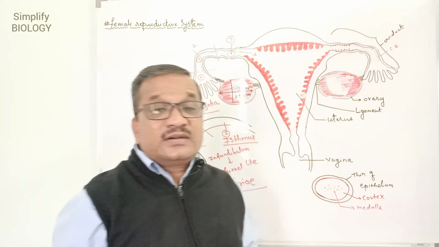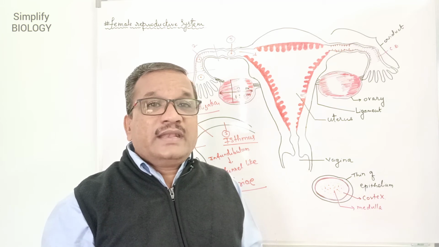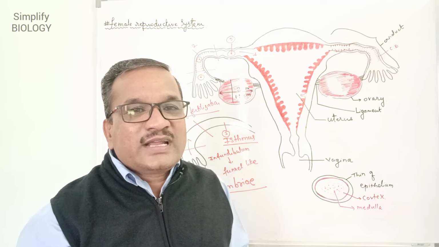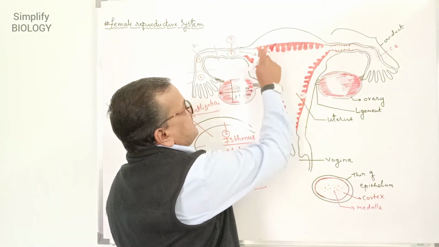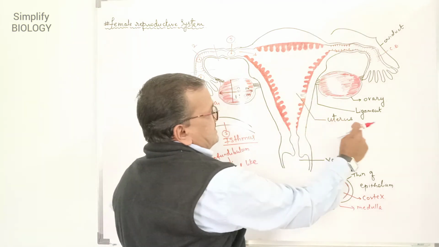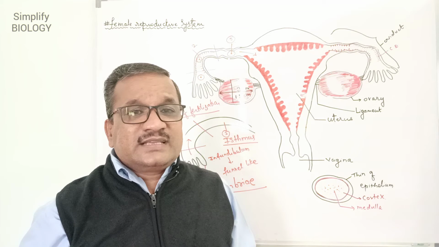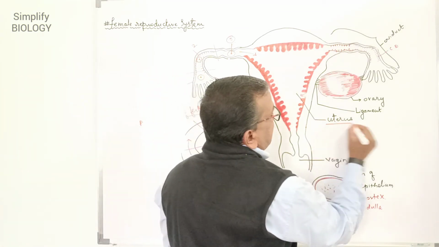Understood? Now the third main organ of the female reproductive system is what? It is called the uterus. This portion which you see is called the uterus, and another name for the uterus is womb, W-O-M-B.